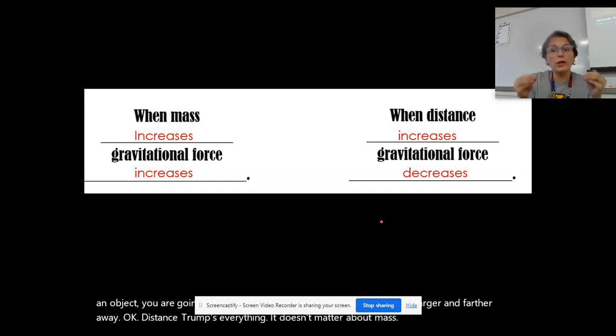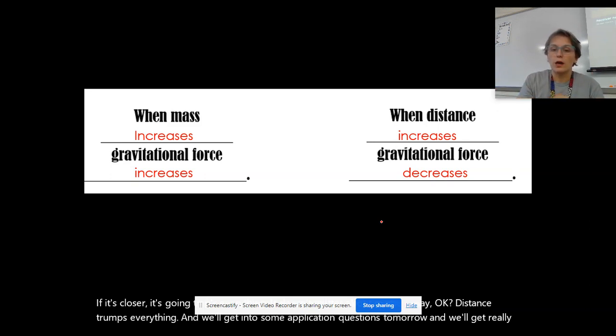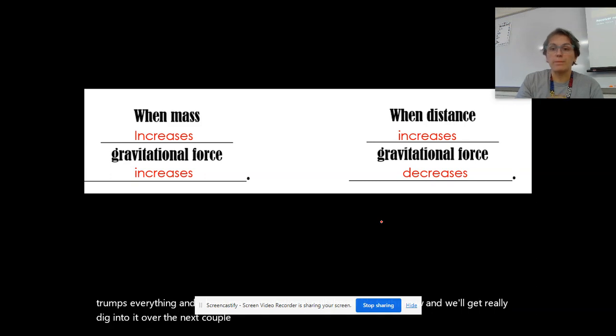If it's closer, it's going to have more gravitational pull than if it's farther away. And we'll get into some application questions tomorrow, and really dig into it over the next couple of days. But this right here is the biggest takeaway. When mass increases, gravitational force increases. When distance increases, gravitational force decreases.